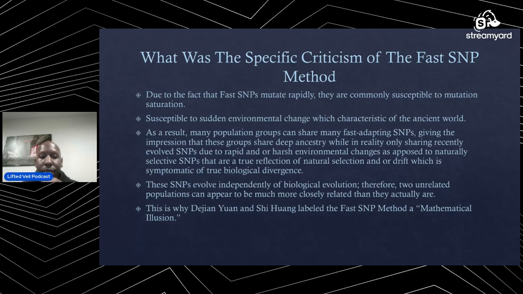These SNPs evolve independently of biological evolution. Therefore, two unrelated populations can appear to be much more closely related than they actually are. This is why Dijon Wan and Shi-Hu Wang labeled the fast SNP method a mathematical illusion.